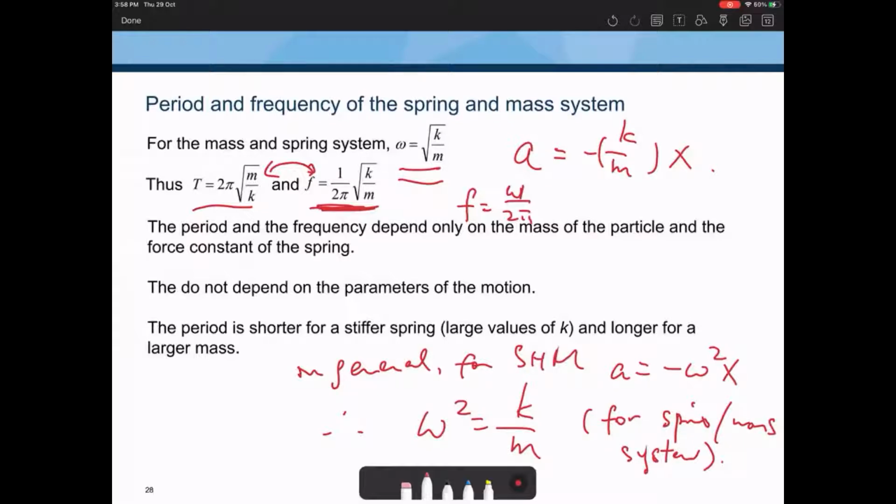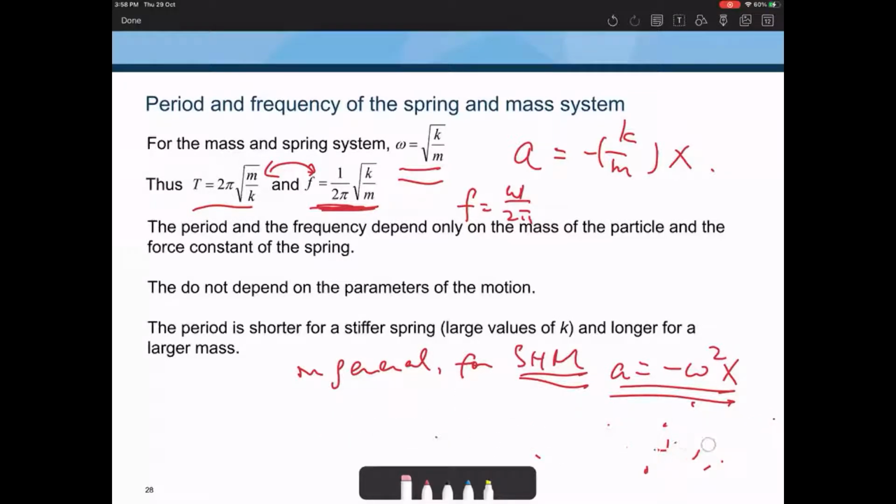Your classmate is asking, so omega is equal to 2 pi over T is for the wave function. Once again, for simple harmonic motion, here is the equation. But now we are talking about the spring mass system. So for the spring mass system, what is omega?